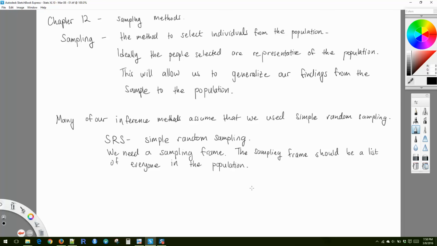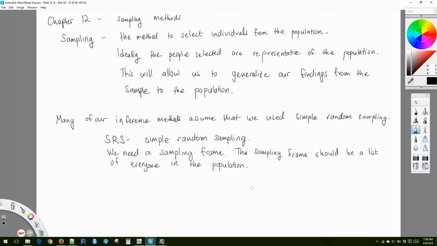And then Facebook probably won't even let you do random sampling with their data. They probably won't give you access to their data, but maybe you had some way to obtain that. Perhaps that could help you get a good sample, but at the same time, anybody who's not on Facebook will not be represented, okay?